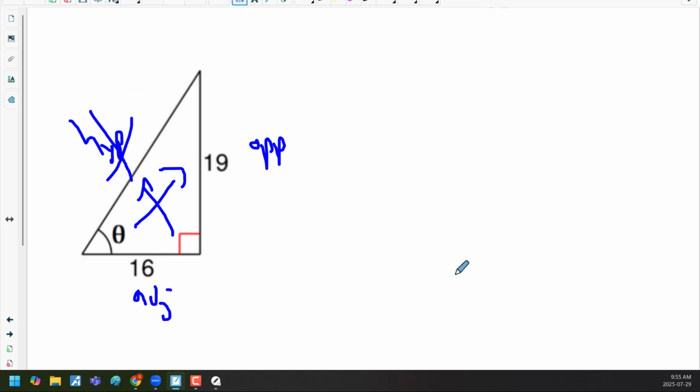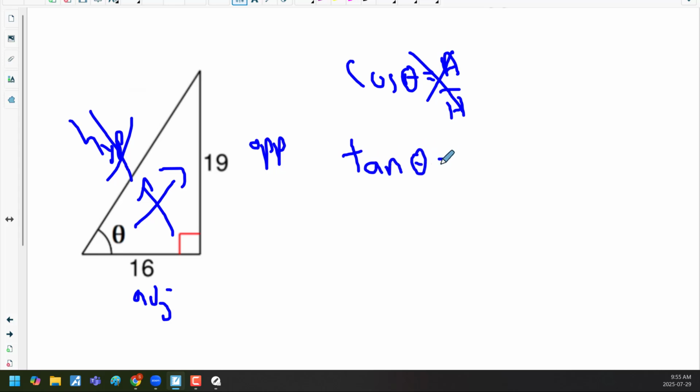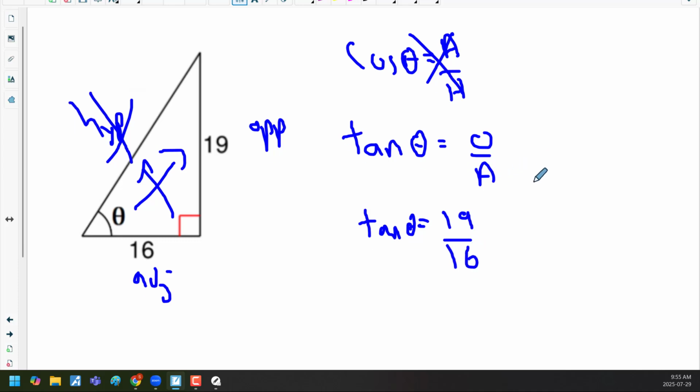Hypotenuse is not part of the fraction, so we're not going to use sine. And we're not going to use cos either, because cos has adjacent over hypotenuse, and we know that's not part of it. So we're going to use tan in this case. Tan theta is equal to opposite over adjacent. So tan theta is equal to 19 over 16.